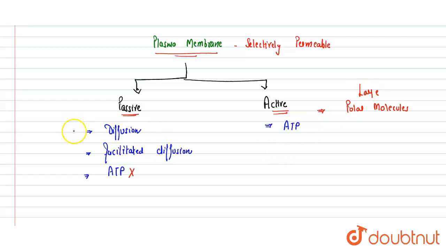In case of simple diffusion, the molecules which are non-polar or lipid soluble, as well as the neutral molecules which are also lipid soluble, can pass through diffusion. And facilitated diffusion, small polar molecules or ions can pass through facilitated diffusion.